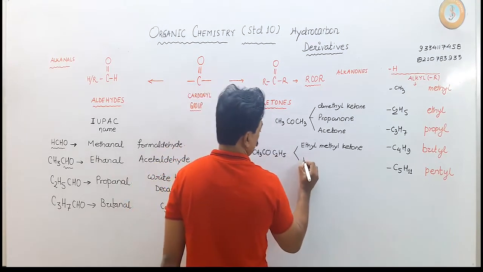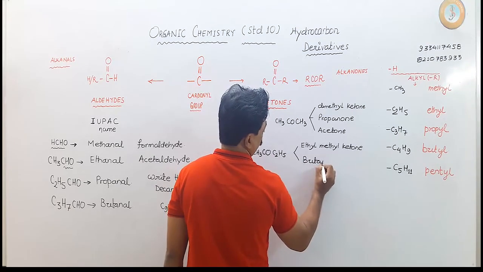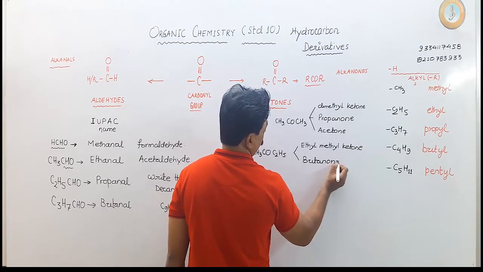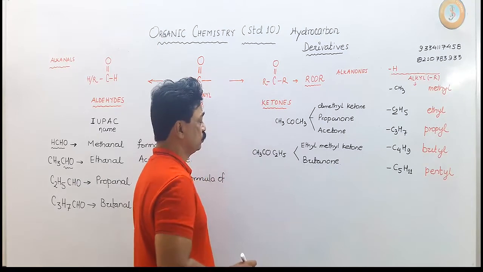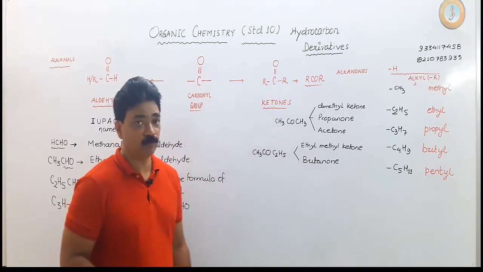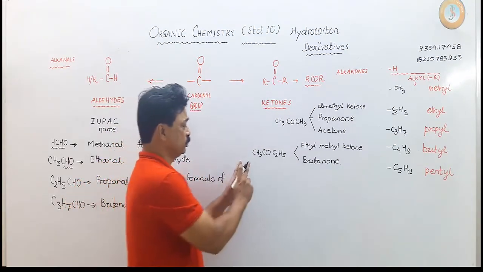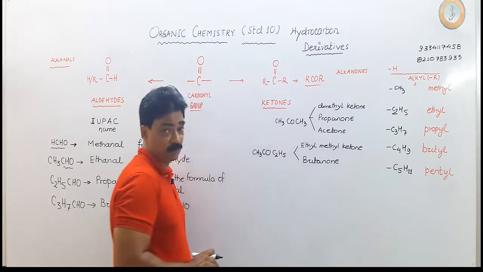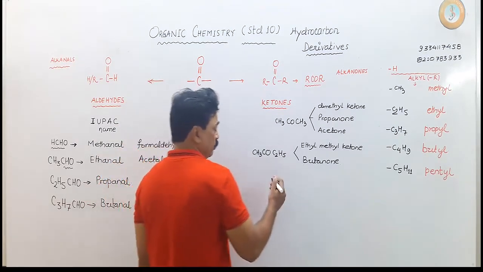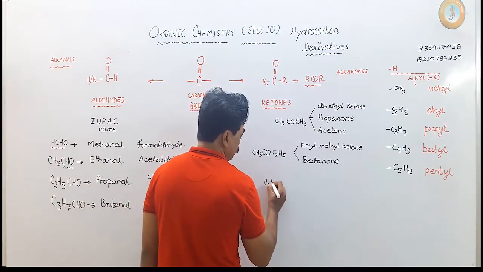So this is butane, and remove E, we add one. So that means the ketone group you have to recognize. Now the positioning of the ketone, the number system is given. I am not giving you the idea of the number at present.